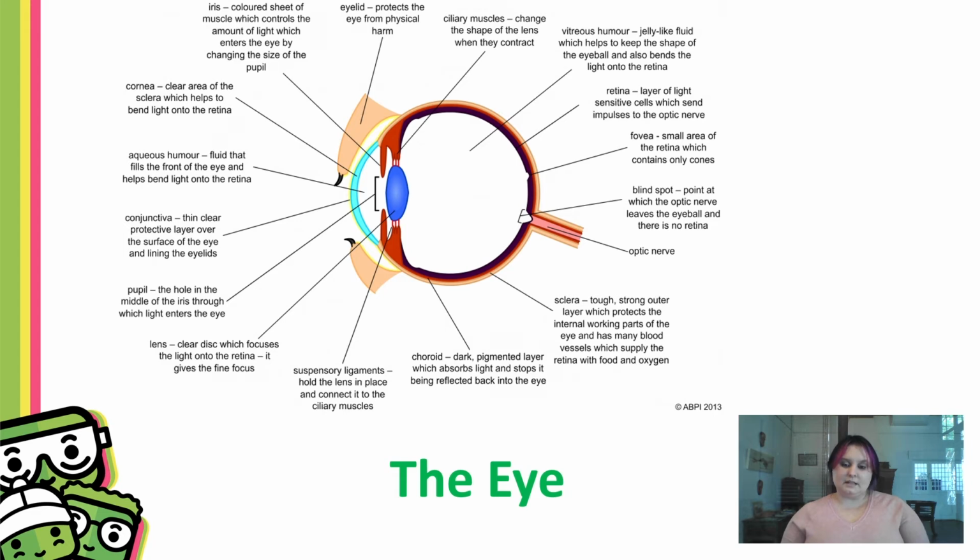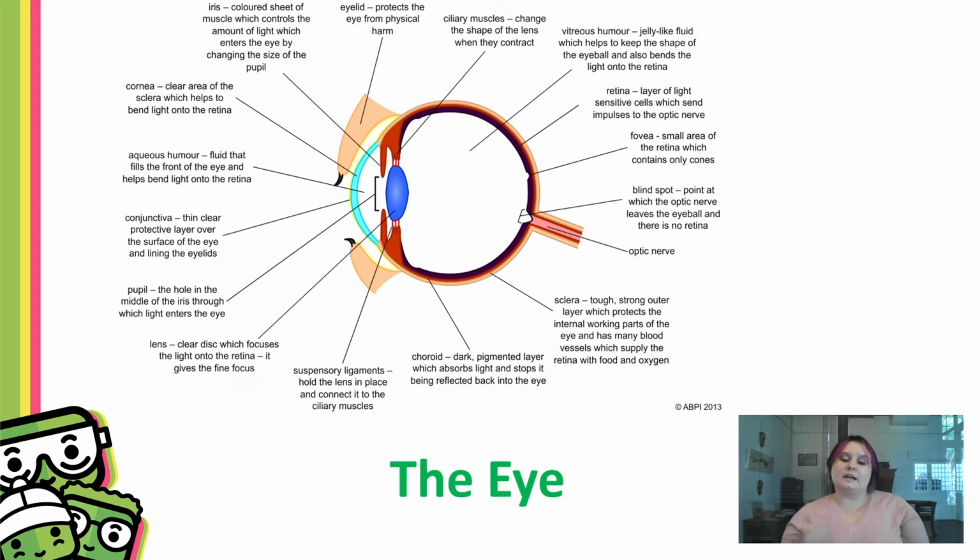Those receptor cells, those rods and cones located in the retina, take this information and turn it into a nerve impulse. That nerve impulse is then transmitted along the optic nerve to the brain, to the cerebrum in the brain, which is the main outer part of the brain, and specifically to the occipital lobe, which is located at the back of your head.